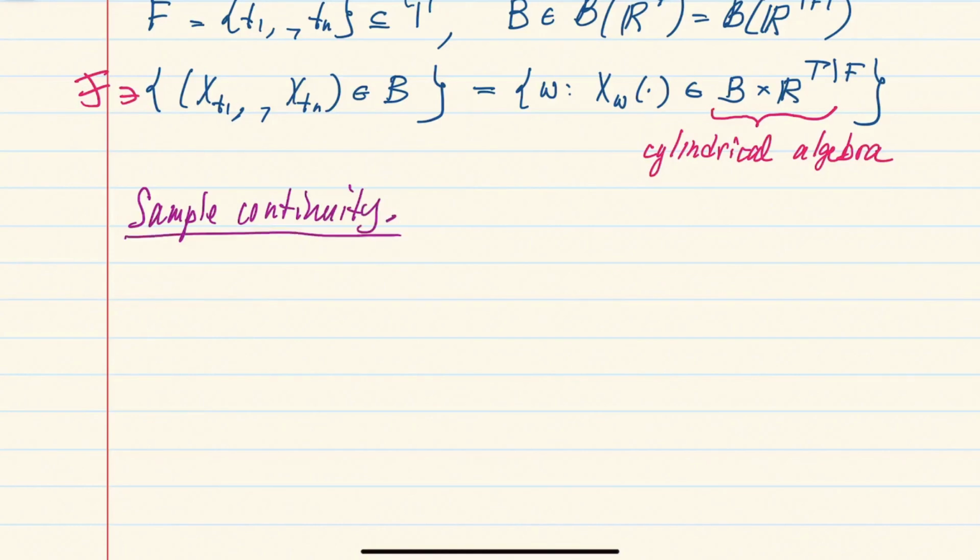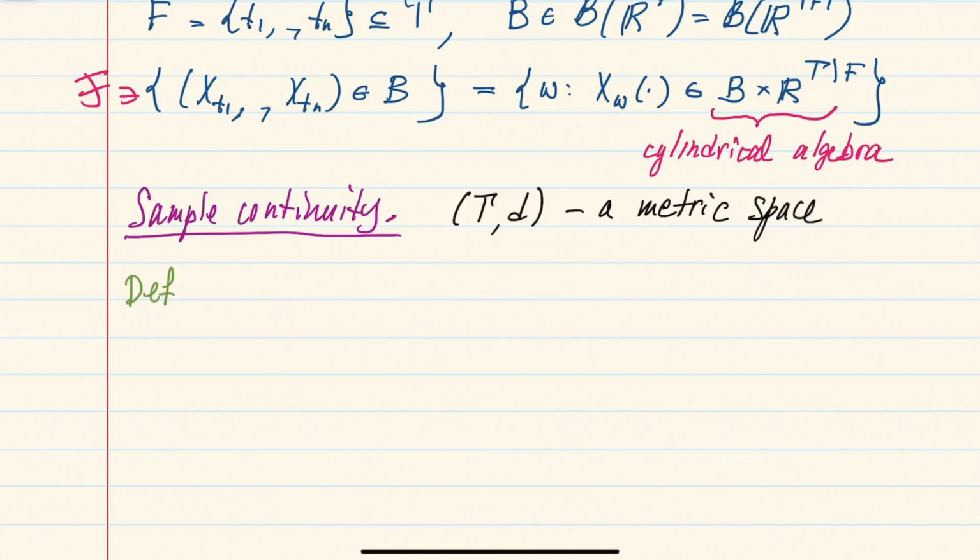When we talk about sample continuity, we mean with respect to the index t. So in other words, on our index set T, we want to have some topology, but we'll just restrict ourselves to the case when T is a metric space. In this chapter, it will be simply a subset of the real line with the usual Euclidean metric. In this case, we can talk about continuity of this process.